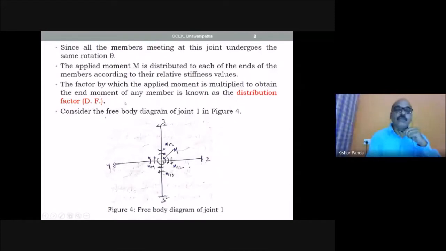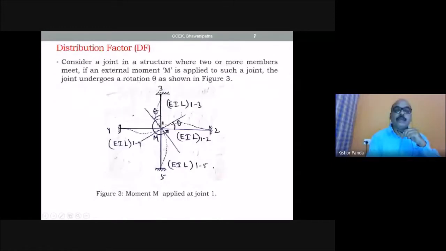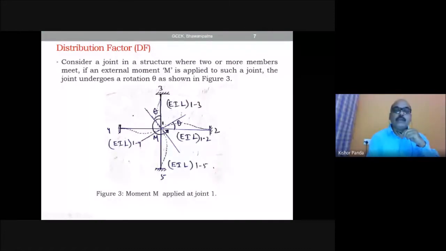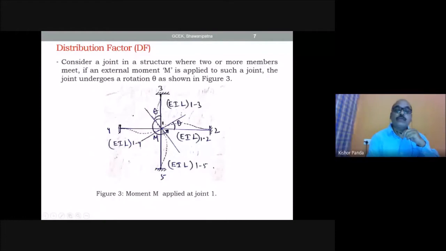So what is the distribution factor? It is the factor you multiply with the applied moment. Whatever moment is acting here, you multiply it with this factor, and distribute that moment to the end of each member meeting at joint 1: to 1-2, to 1-3, to 1-4, and to 1-5.